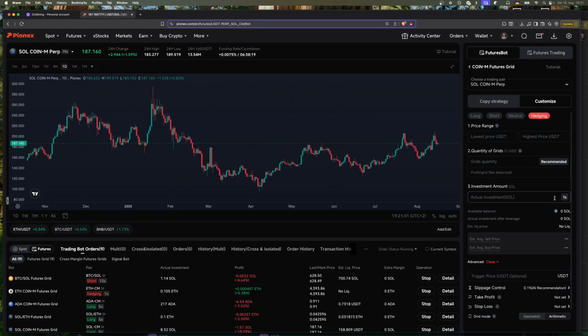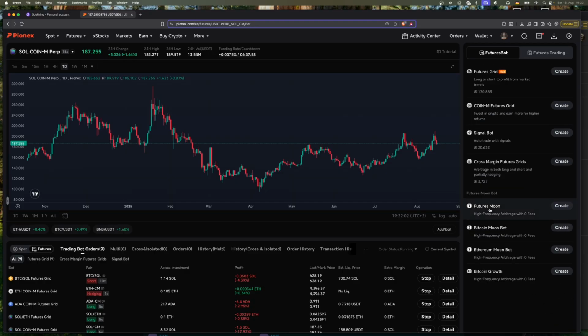So we will have a look at one of the hedging ones later on. If the price is rising, you lose coin, but you make USDT. If the price is dropping, you make more coin, so you have more coin, but you lose USDT, or the value of that.